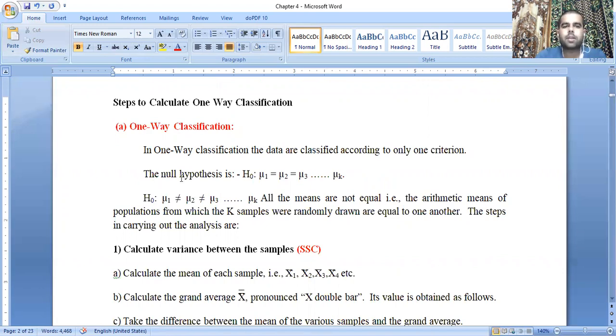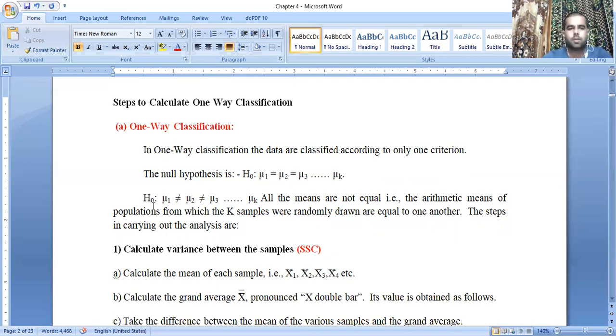The first one is the null hypothesis. In the ANOVA chapter, when the sample size is 3 or more, only then do we apply it. We write the null hypothesis H naught: mu1 is equal to mu2, mu2 is equal to mu3, and so on up to mu k.